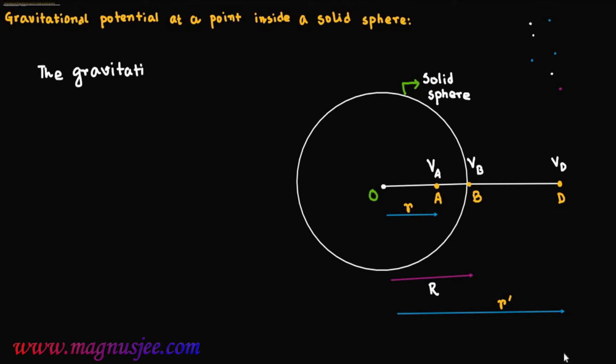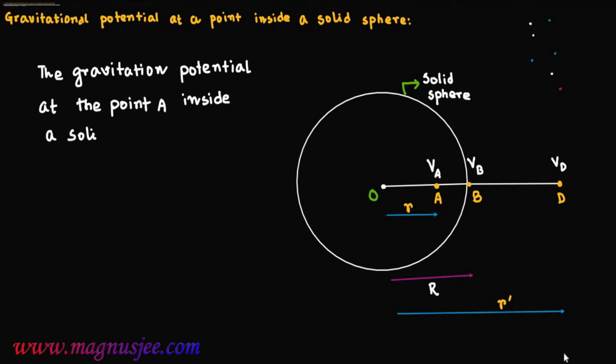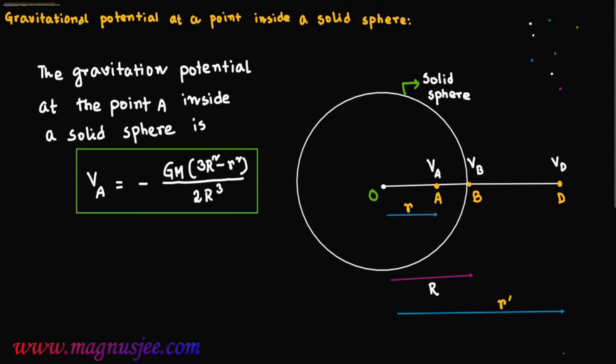The gravitational potential at the point A inside the solid sphere is VA equal to minus GM into 3 capital R square minus small r square, divided by 2 capital R cube.